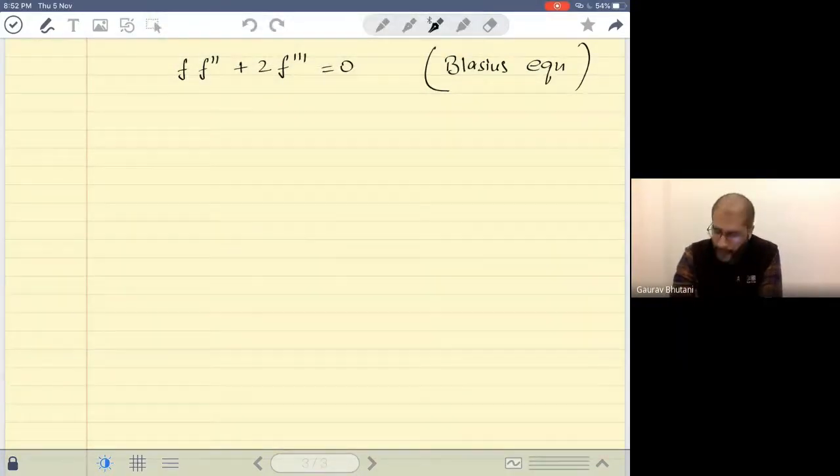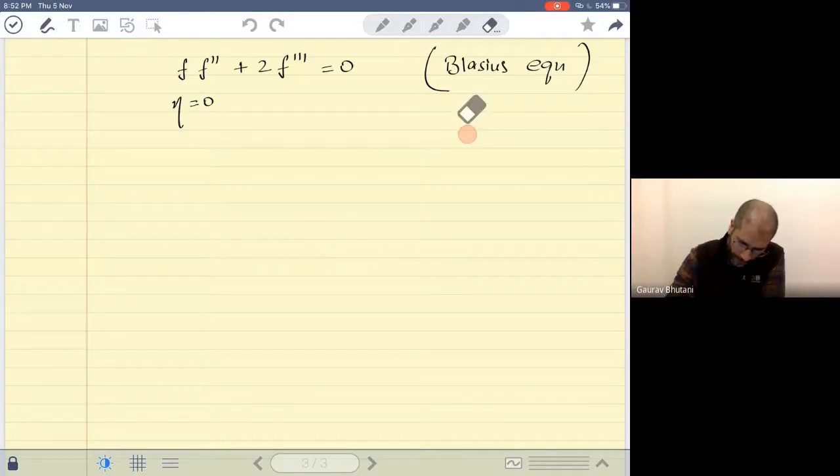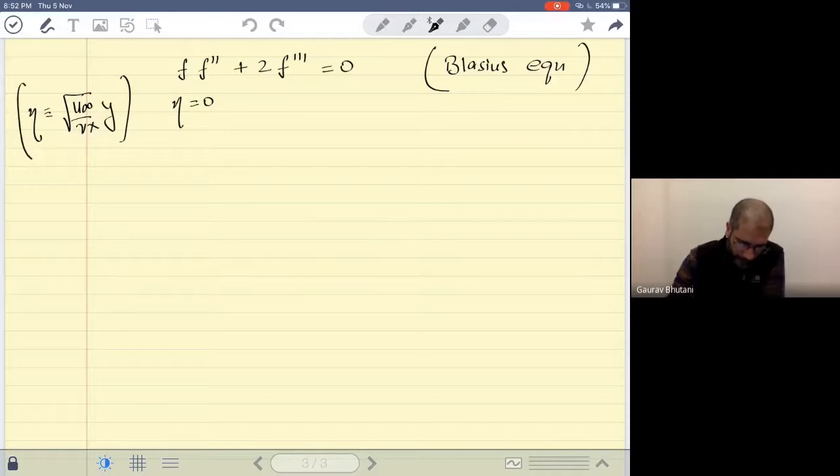All right, and the boundary conditions for this case, remember, this is a function of eta only. So for eta equal to 0, okay, this is how we defined eta, which means at y equal to 0, we know that our u and v both are 0.